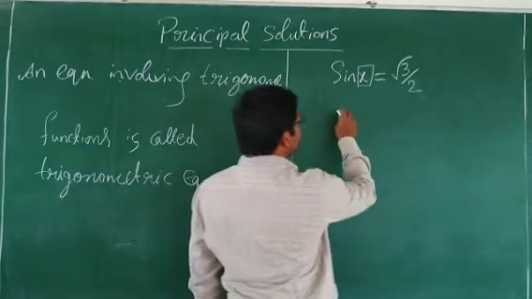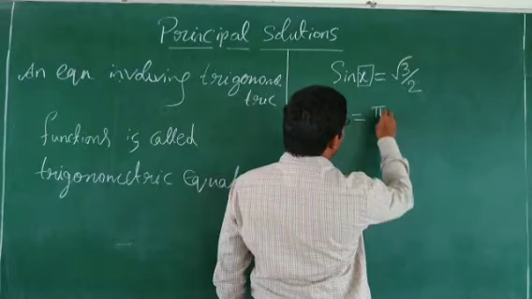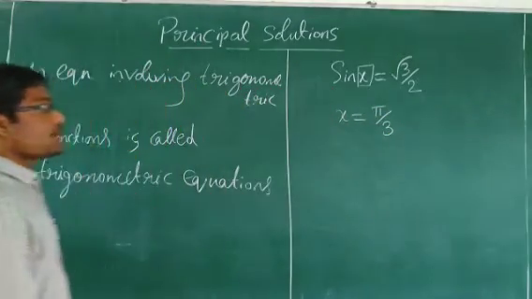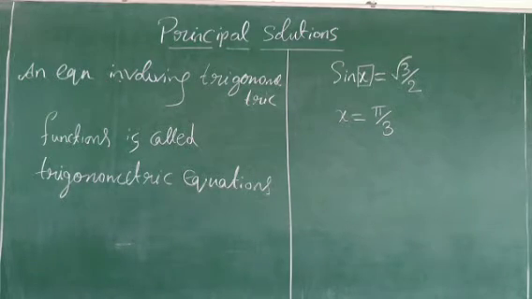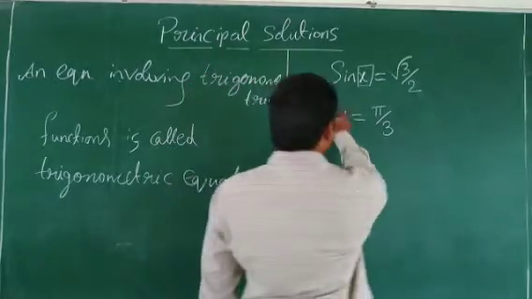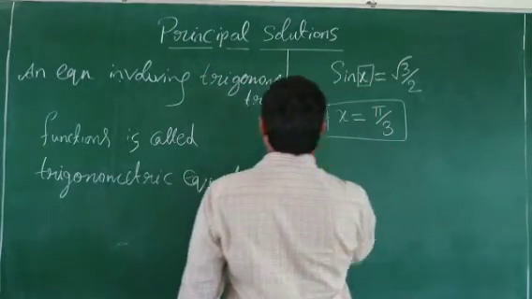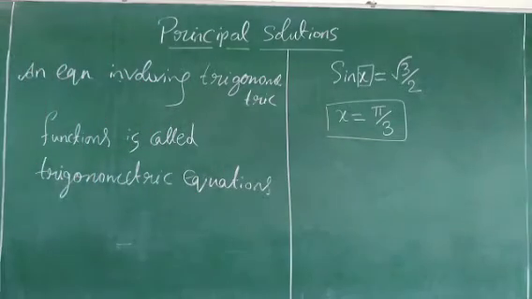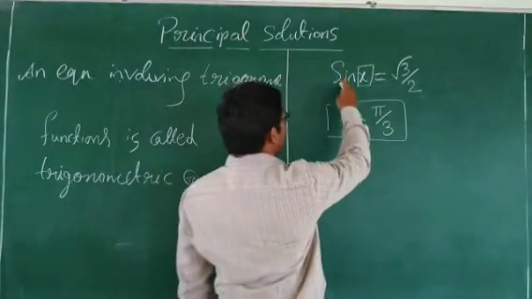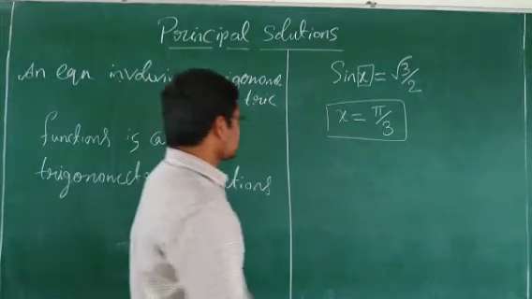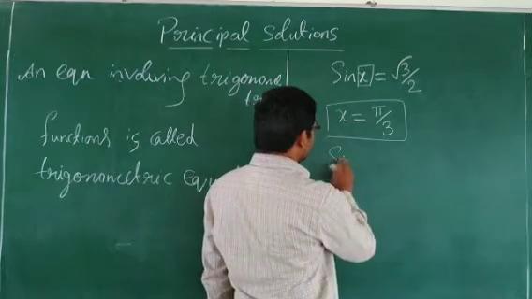We get root 3 by 2 if x is equal to pi by 3. So this x equal to pi by 3 is called the principal solution of the equation sin x is equal to root 3 by 2.